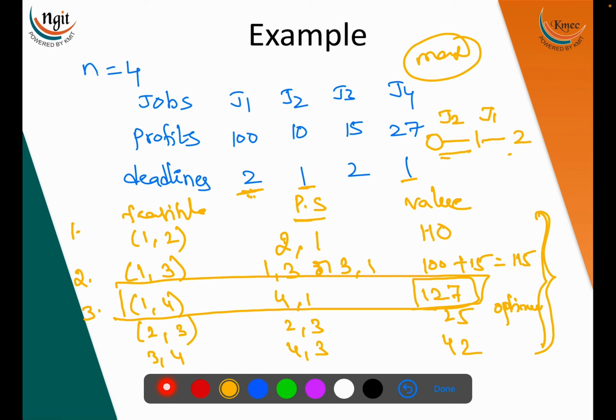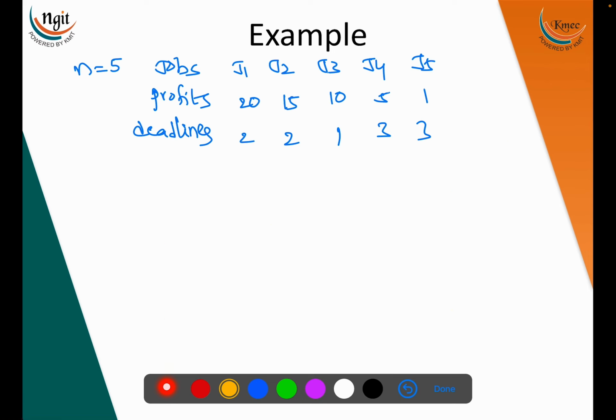So this is the example, and you can also take the other example. This example has 5 jobs, and each job has a corresponding profit and deadline. As I told you in the previous example, the maximum deadline ensures the maximum number of jobs we can finish in the given deadline. So I can take 0 to 1, 1 to 2, 2 to 3.